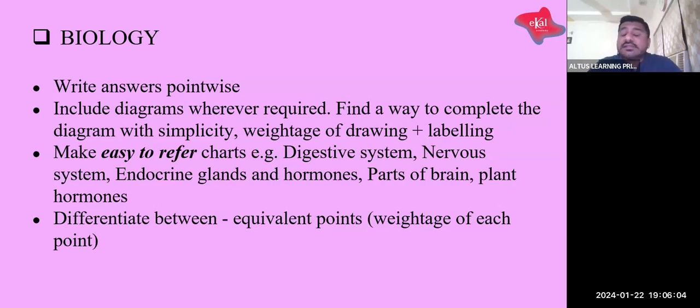Weightage of each point is counted. So if it's a two marker question, you should at least write 4 points. 5 points are preferred. In case any point is wrong, or if any point is repeated, if 5 points are written, it is good for you.